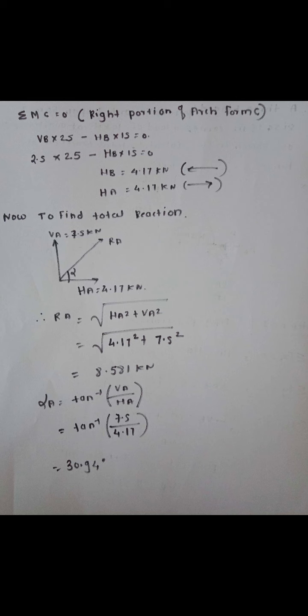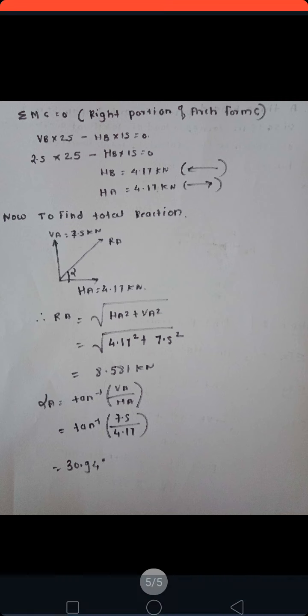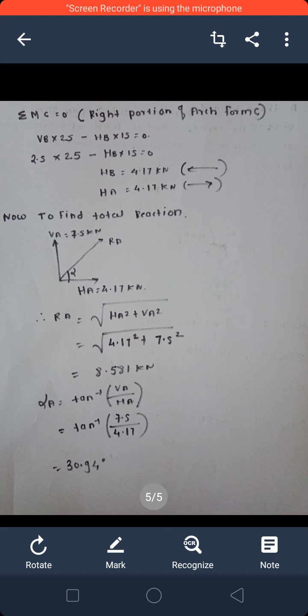So RA is equal to 8.581 kilonewton. Similarly, we have to solve for angle alpha. Alpha is given by tan inverse of VA divided by HA. So put the values of VA and HA in this equation. We will get alpha equal to 30.94 degrees.